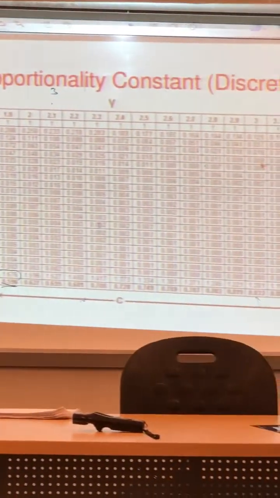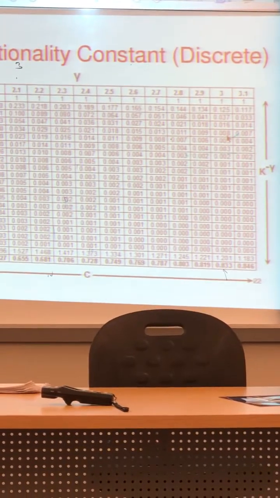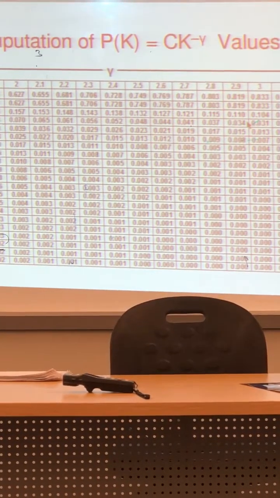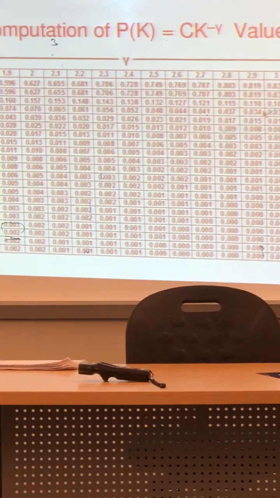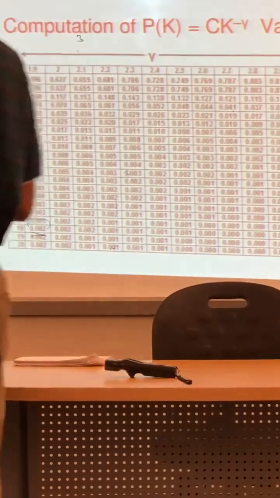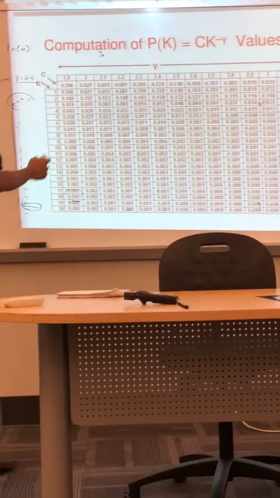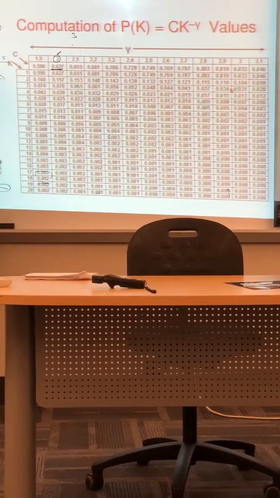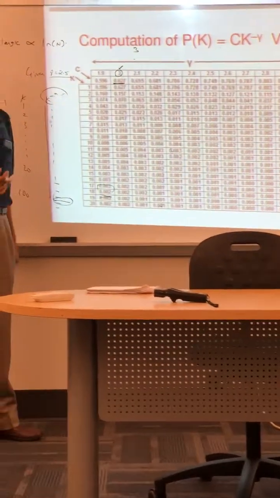Now we can do some more theoretical analysis here. Once we know the C values, the proportionality constant, for a given gamma, say gamma is 2, we can find its proportionality constant. We just saw how to do that.